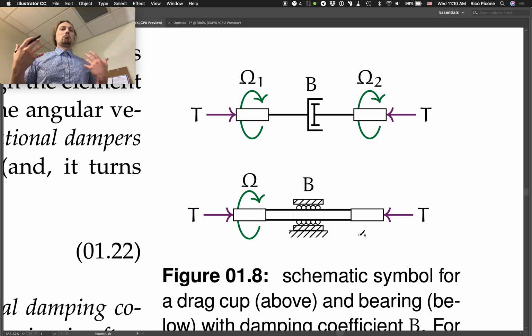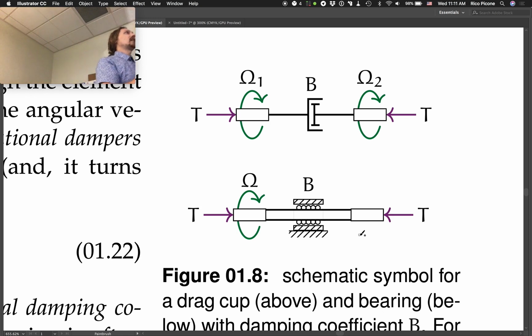It gives a hopefully pretty smooth support, so it doesn't add a lot of friction. It would be a very bad bearing if it was adding dry friction. Typically, we can model it pretty well as viscous damping.